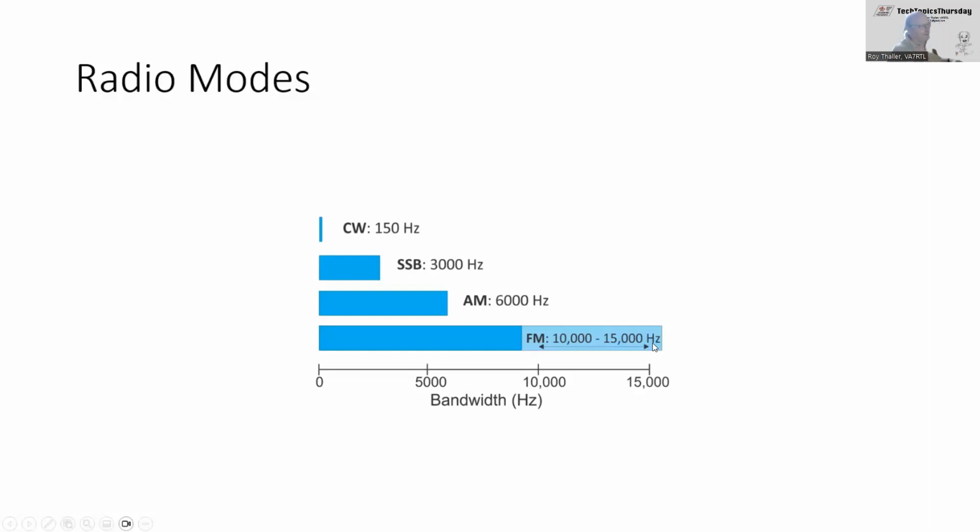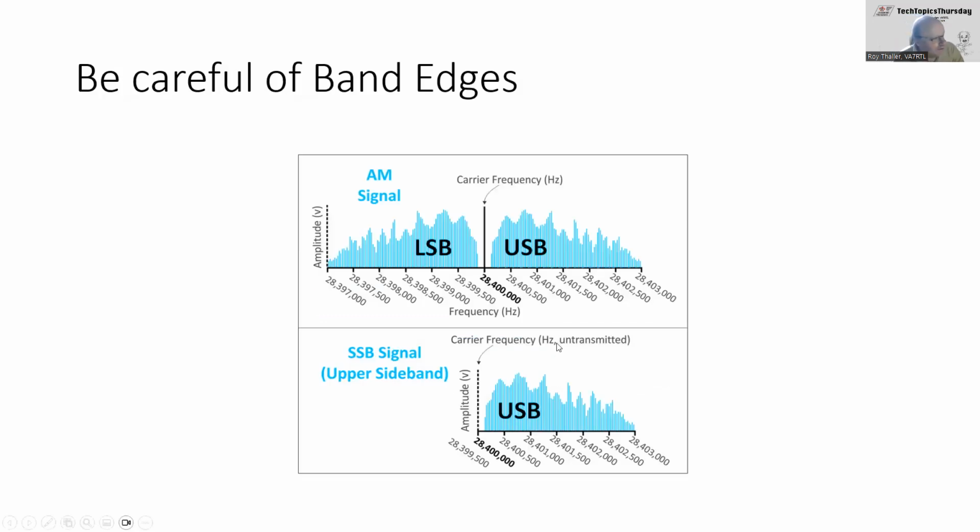So why is this important? Well, when you look at your signal while you're transmitting, if you have a waterfall display or a spectrum scope, you have your middle carrier frequency here, and if you're broadcasting AM, you're going to have your lower sideband and your upper sideband.